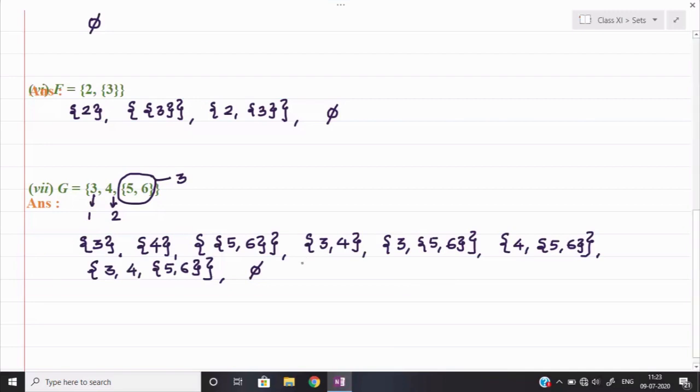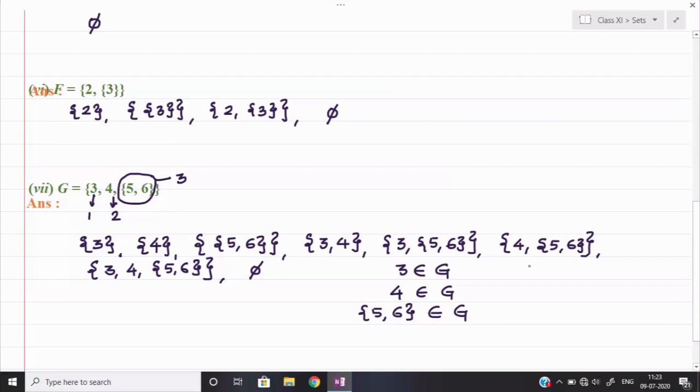Students, one thing to remember: here I can say that 3 belongs to the set G because it is an element. 4 belongs to the set G. Similarly, when I write {5, 6}, I will say that it also belongs to the set G. Remember, {5, 6} along with the curly bracket is a complete element, and hence it comes with the symbol of belongs to.